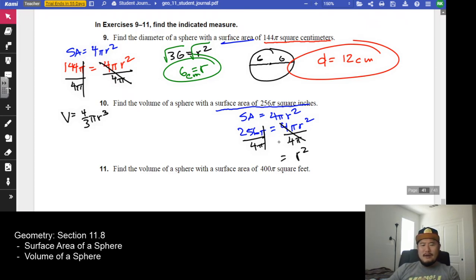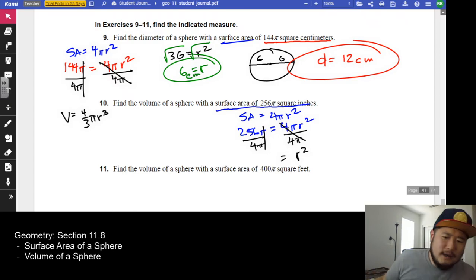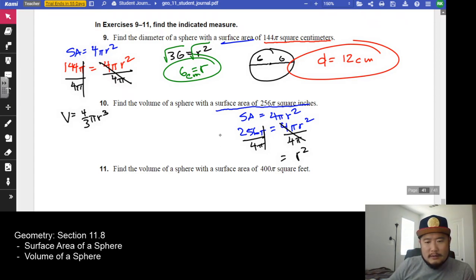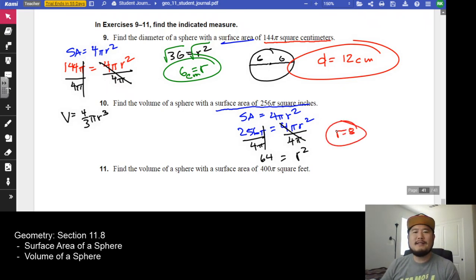And I guarantee you that was all done on purpose. So right here, where we take 256 divided by 4, that gets us 64. We square root both sides, right? And r is equal to 8. We found our radius. Great. What do I do with it? Plug it in to find the volume.